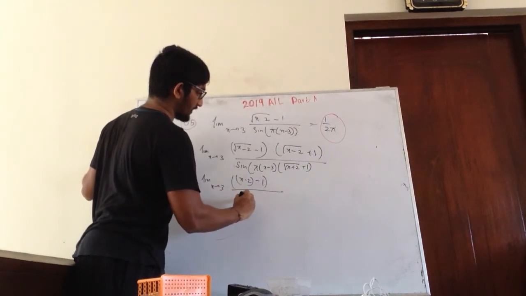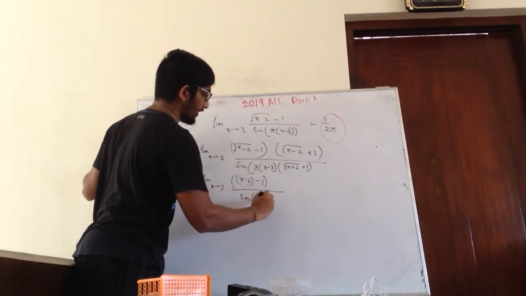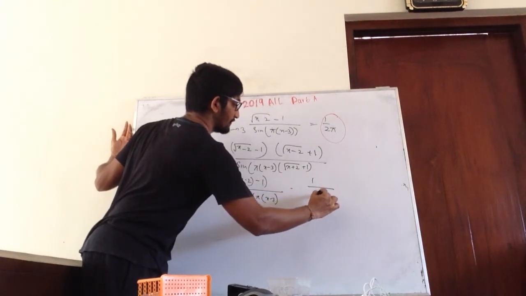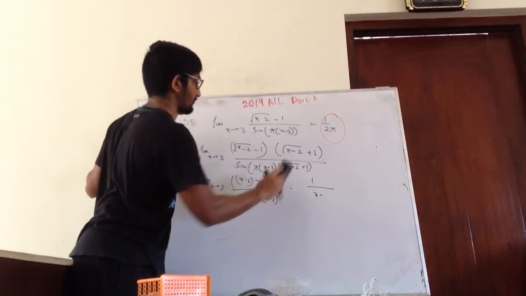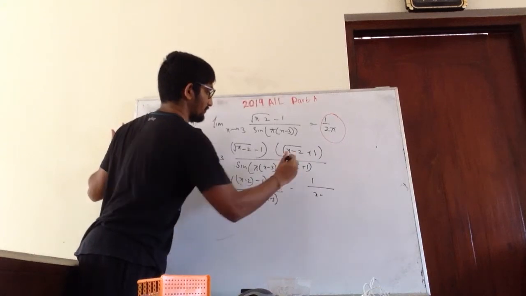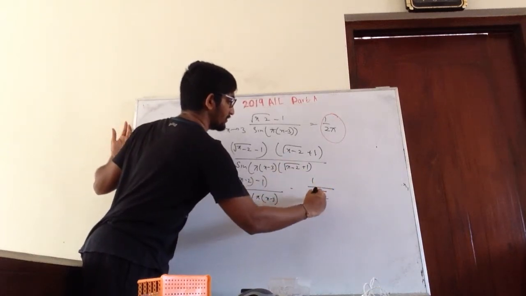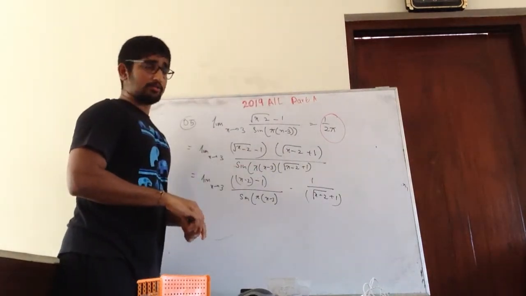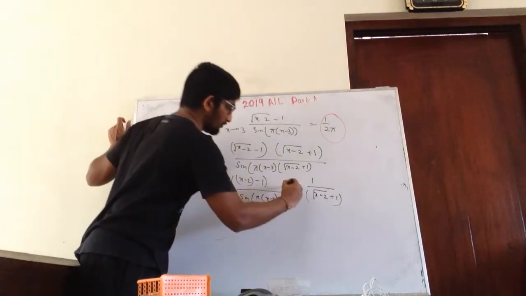Then you will get sine 5 x minus 3. Then I am going to take this separate. x minus 2 plus 1. Right now, so I can put the limit separate. So I am going to put the limit here.